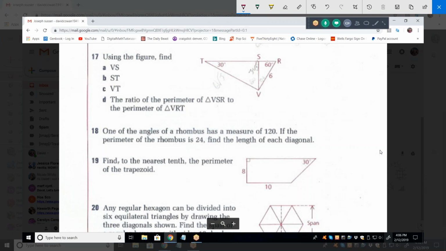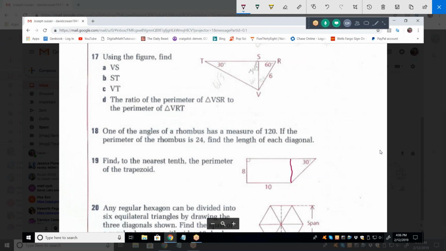So the perimeter of the trapezoid is going to require us to figure out this side and this side. How are we going to do that? You can make the end a triangle. Yeah, that's exactly right.